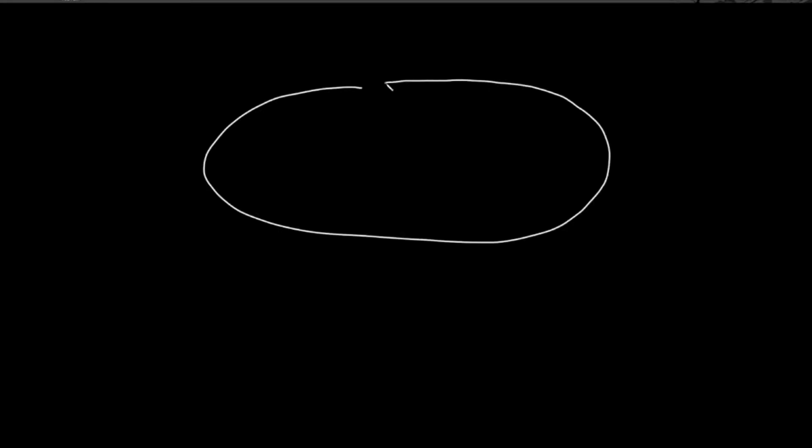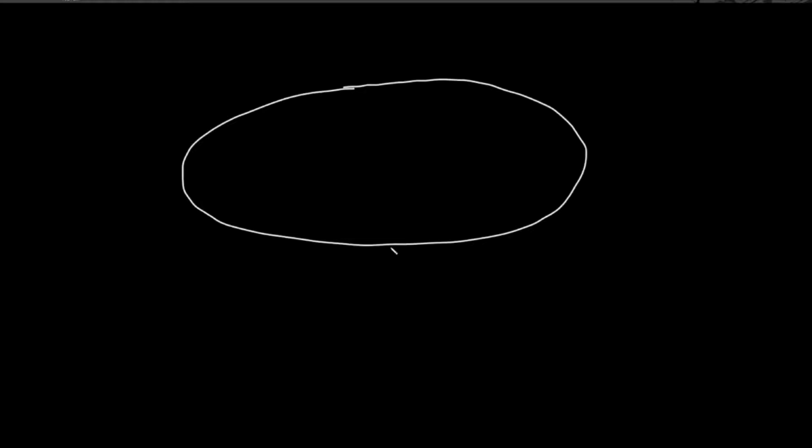Okay, yeah, I did. So let me just draw an ellipse, and we're going to talk about all the anatomy points of an ellipse. Let me try a little better. That's acceptable. Alright, so an ellipse has two axes.